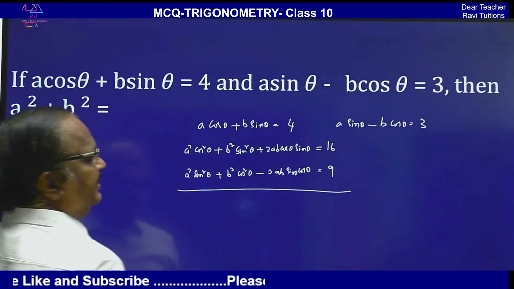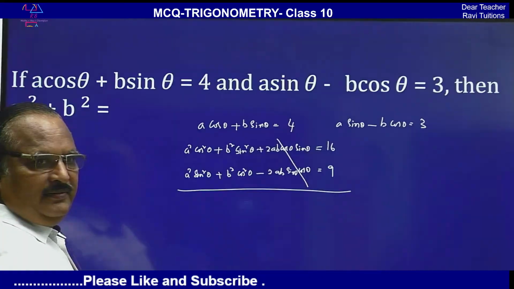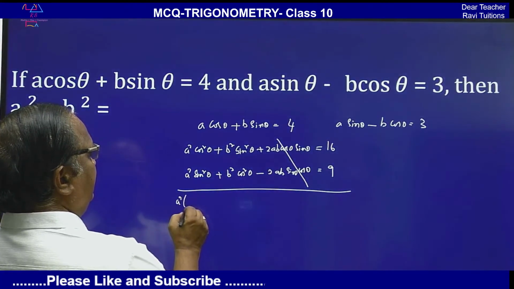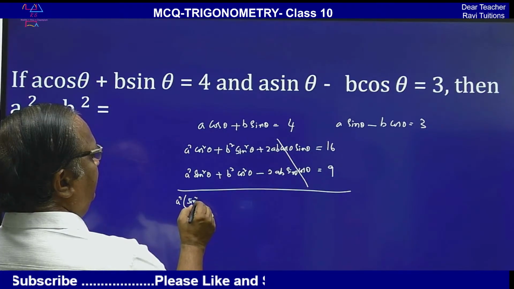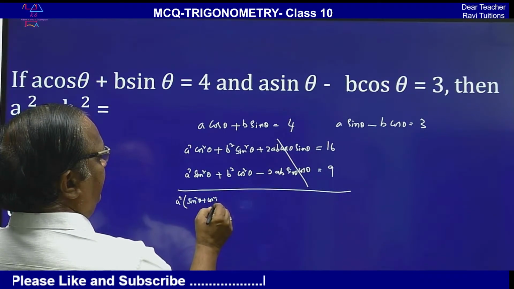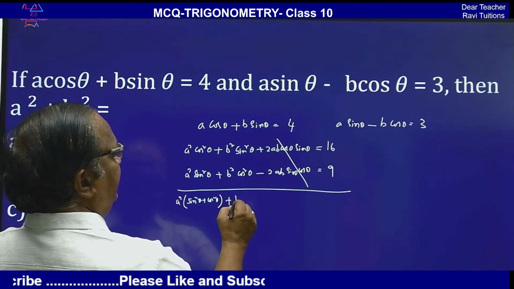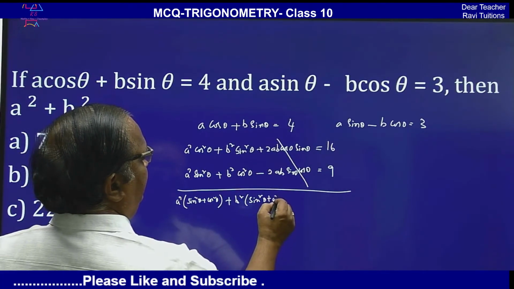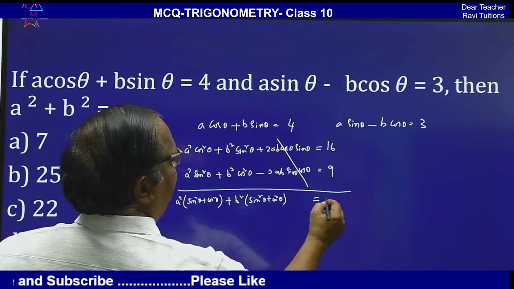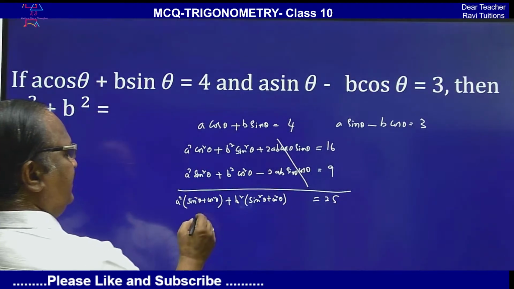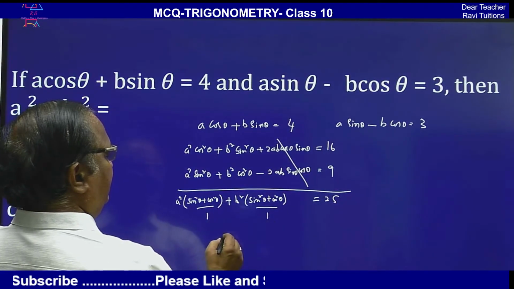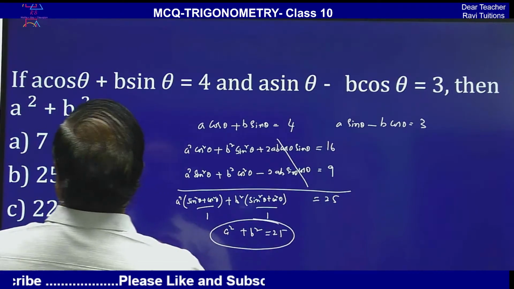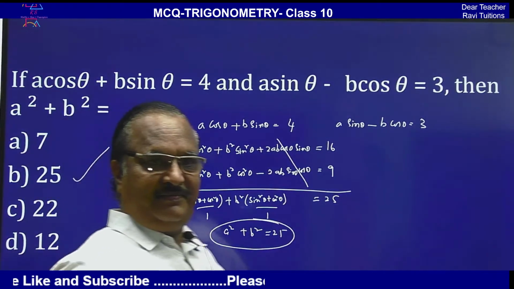If you add it, these two will get cancelled. So now in this a square you can take common, sin square plus cos square. In this you can take b square common, sin square theta plus cos square theta is equal to 25. So this is 1 and this is 1. So a square plus b square is equal to 25. So 25 is the answer.